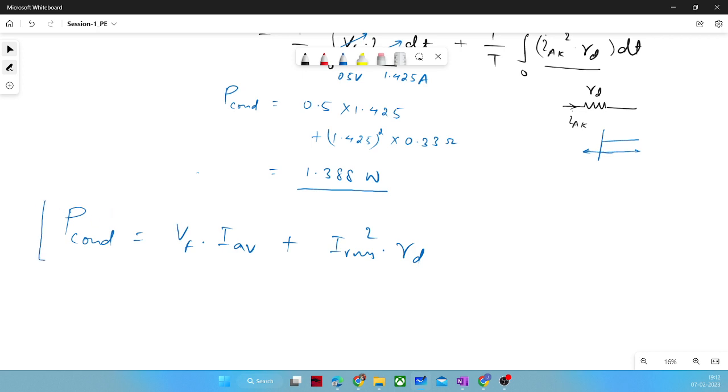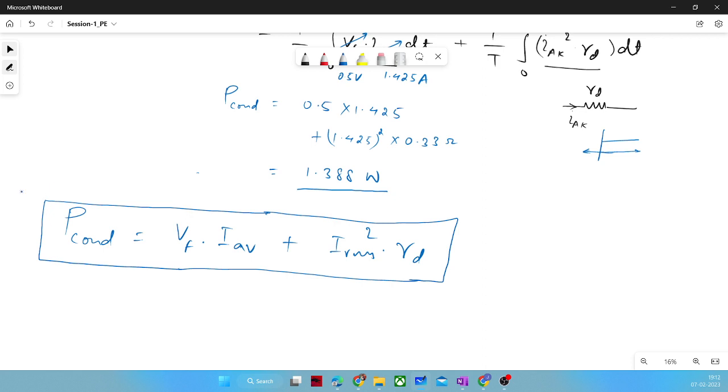If you are asked any MCQ kind of problem or numerical answer type where you have to plug in the value of loss, you can easily apply this formula: VF into I average plus IRMS square into RD. Since a diode has two components, one is the voltage drop modeled as a voltage source of forward voltage drop, and one is dynamic resistance, you just need to compute those two values.